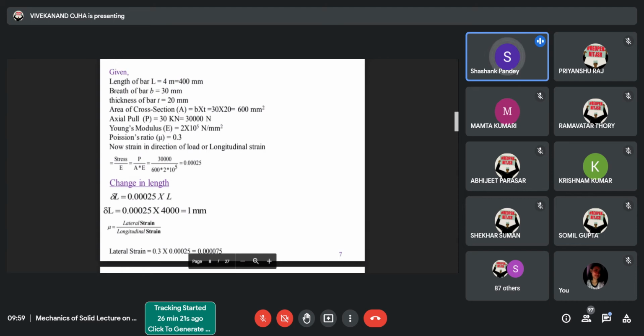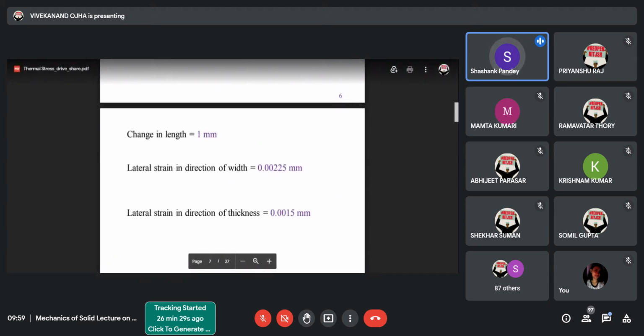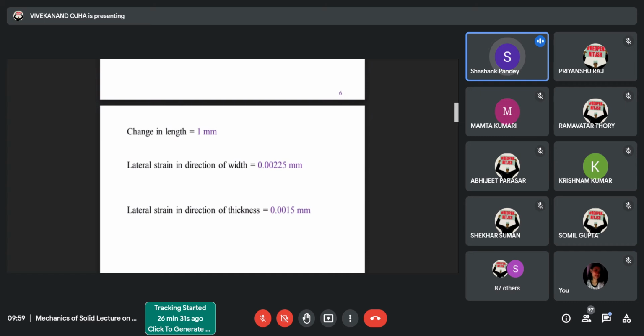So this is on slide number 7. Change in length is 1 mm. Through this, we can calculate the lateral strain by using the corresponding value of Poisson's ratio, which comes out to be 0.000075. This is a dimensionless quantity.